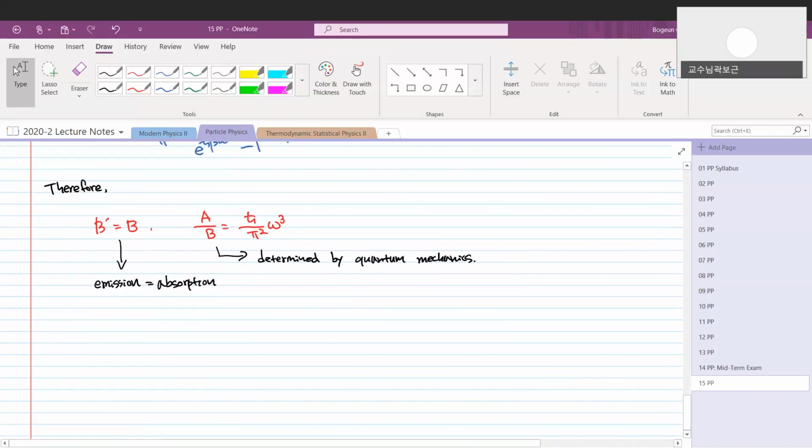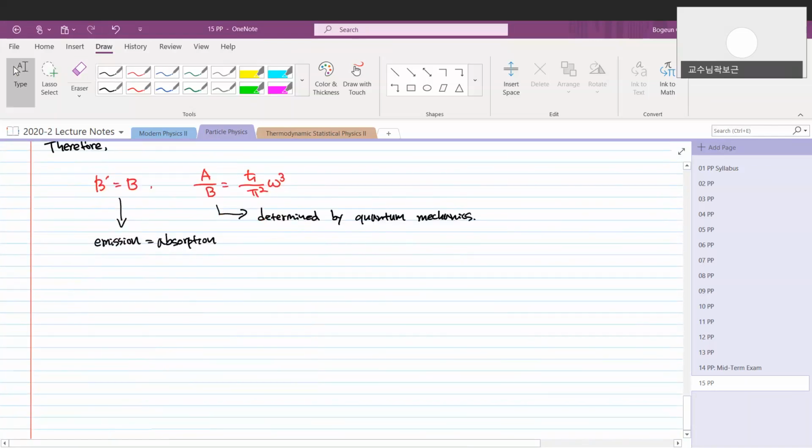So, with the Einstein coefficients, we can explain the black body radiation intensity, also with equilibrium.